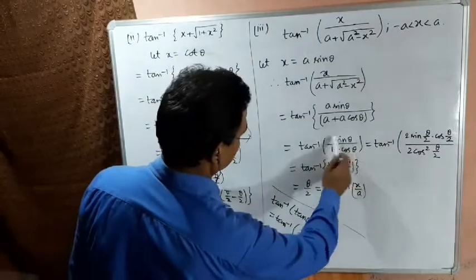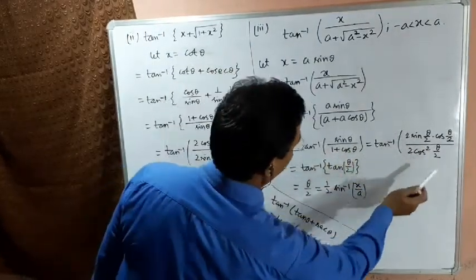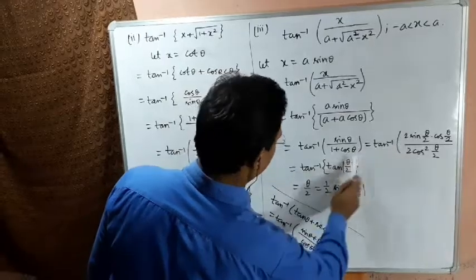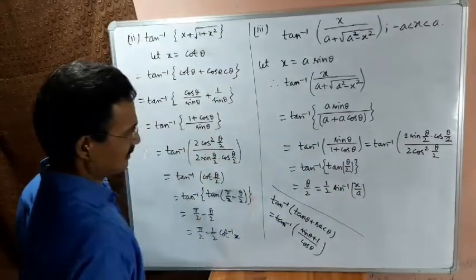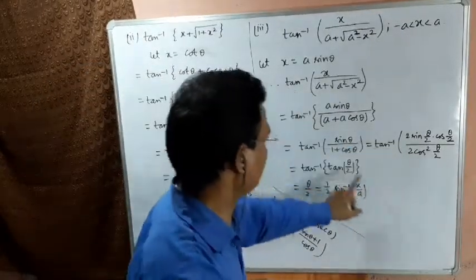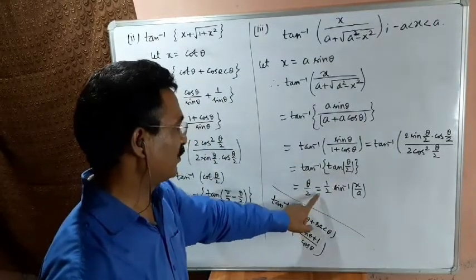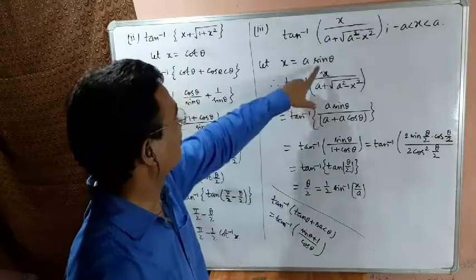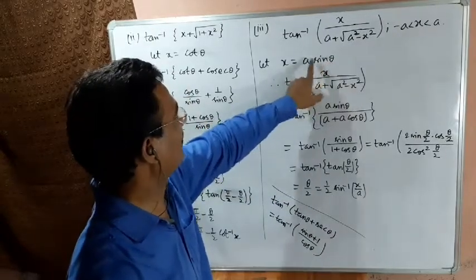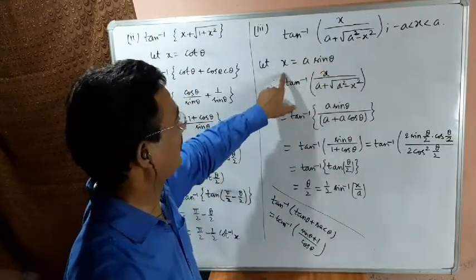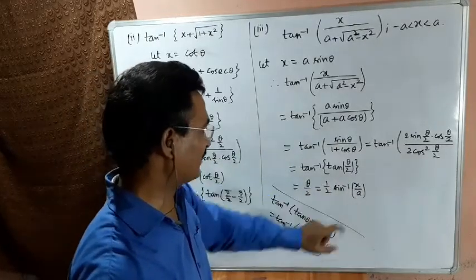Again, this is broken using the half angle formula, sin theta and 1 plus cos theta. After simplification, this is tan theta by 2. Tan inverse tan theta by 2 means theta by 2. Putting the value, theta is sin inverse of x by a, so the answer is half sin inverse x by a.